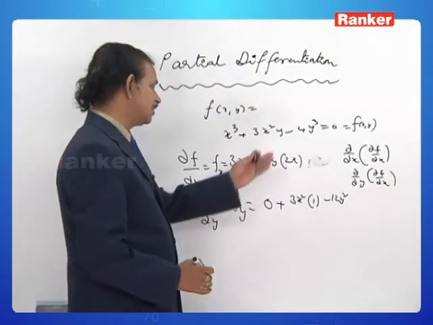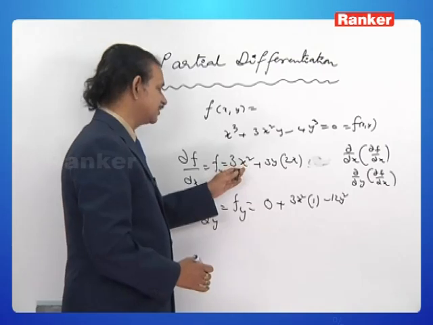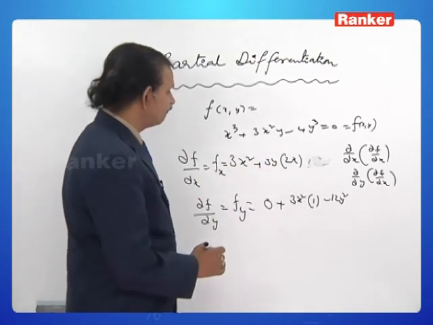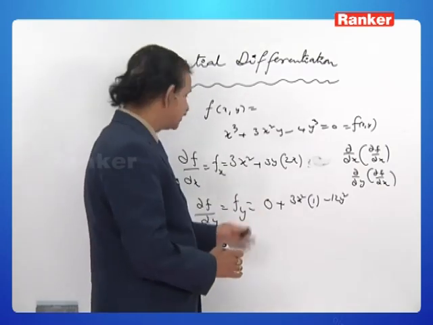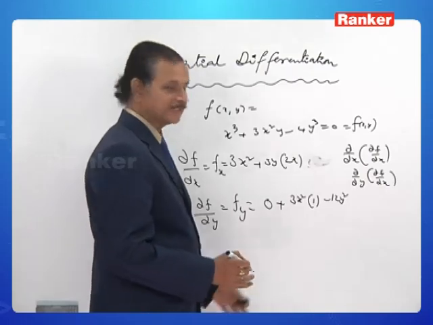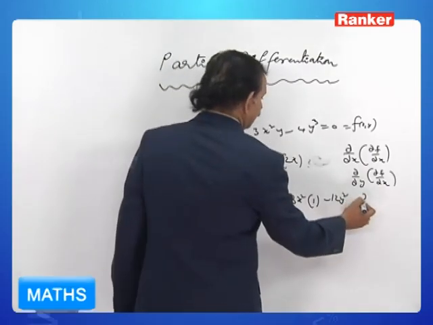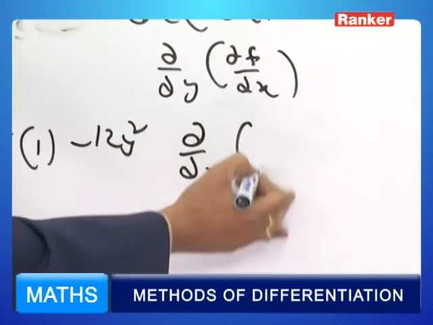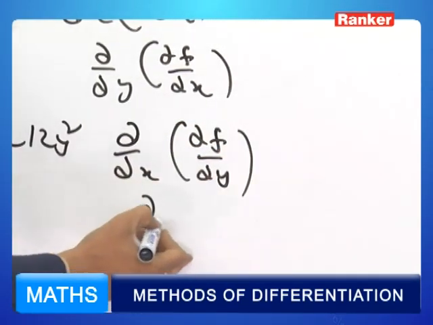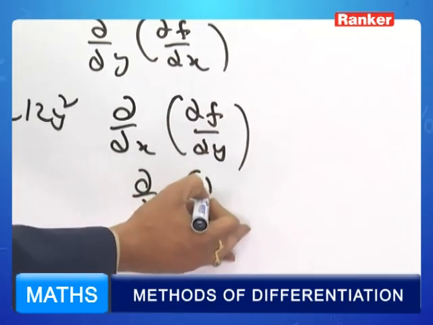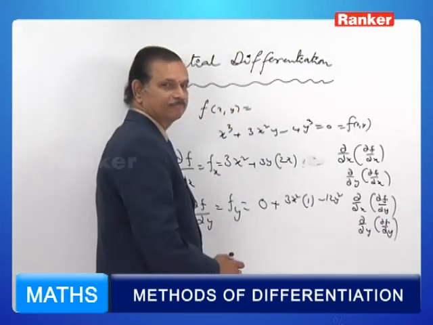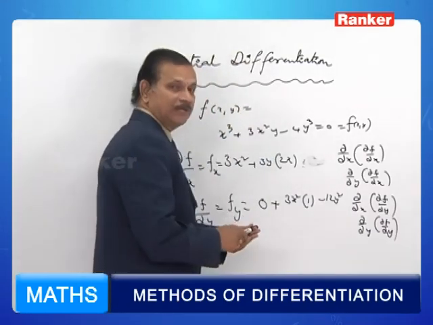What is dou by dou x of dou f by dou x? 6x plus 6y. What is dou by dou y of dou f by dou x? 0 plus 6x. like that. Similarly, dou by dou x of dou f by dou y, dou by dou y of dou f by dou y. Like that you will be able to explain.